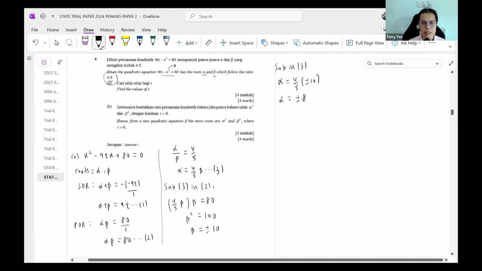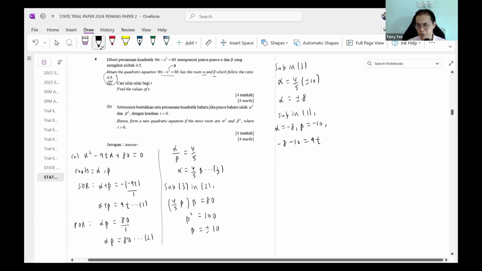What we want is the value of t. So we need to sub in the pair of alpha, beta into equation 1. So maybe I can write this, sub inside equation 1. If your alpha is negative 8, beta should be negative 10. So the first one, your SOR is negative 8 minus 10 equals 9t.